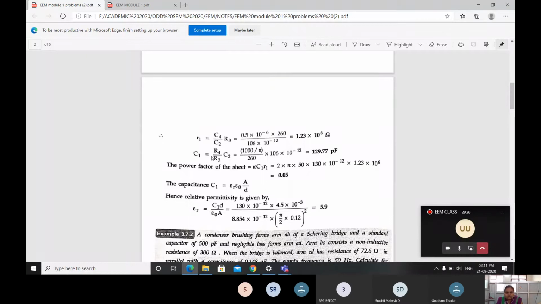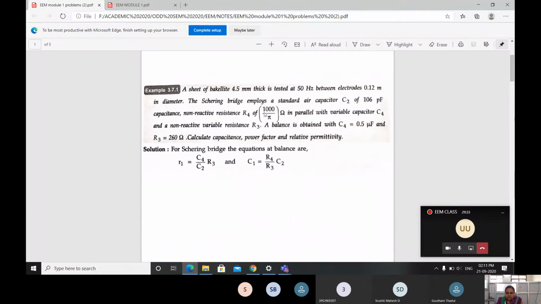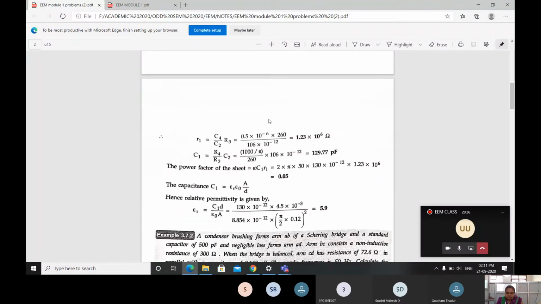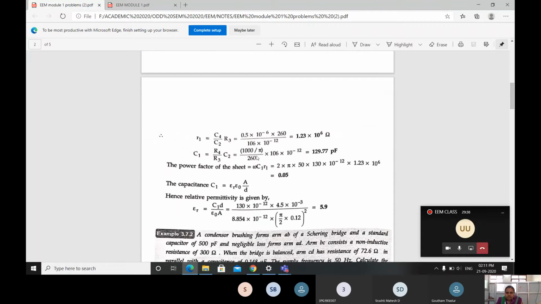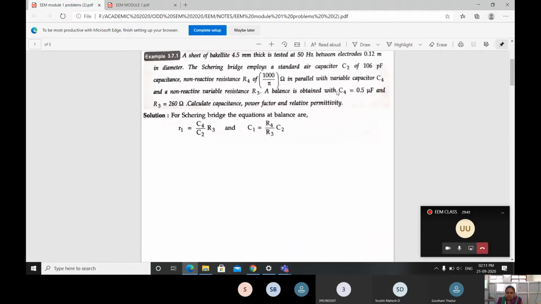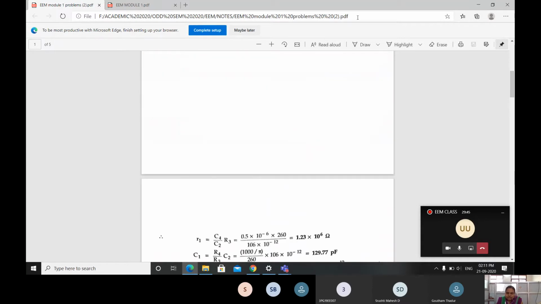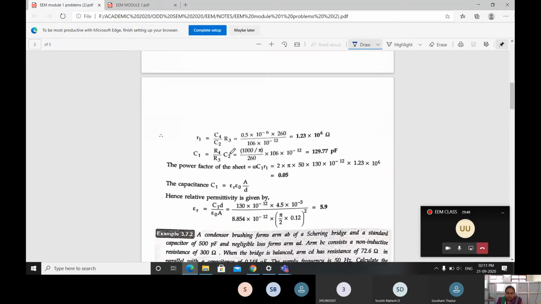Then C1 is going to be taken as R4 divided by R3 into C2. R4 is already given, that is 1000 divided by pi, divided by 260, that is R3, into C2, given as 106 picofarads. If you solve, you will get 129.77 picofarad.